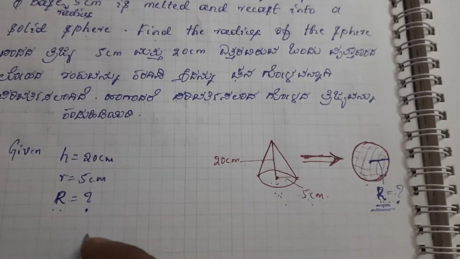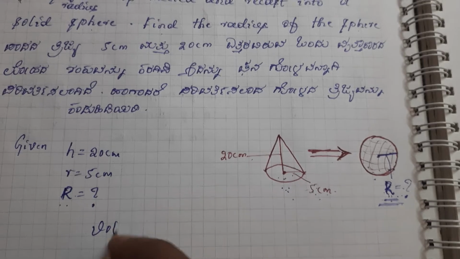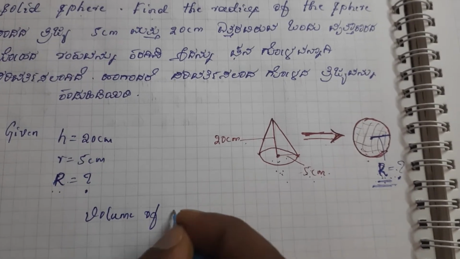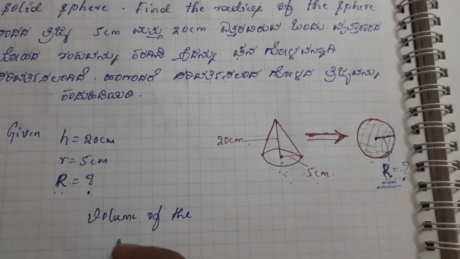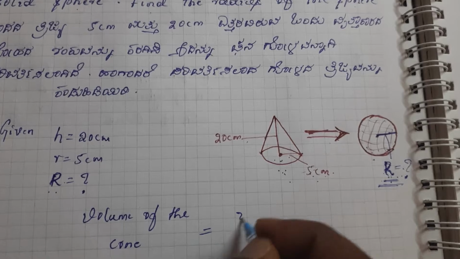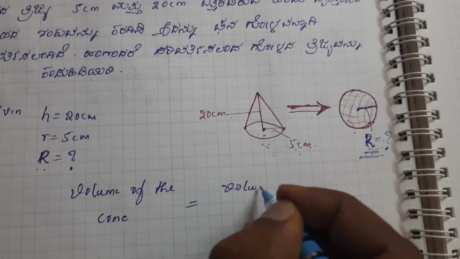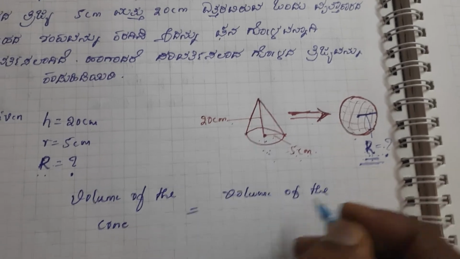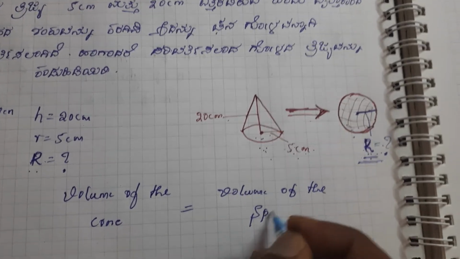Now, the first solid is the cone. Volume of the cone is equal to volume of the sphere.